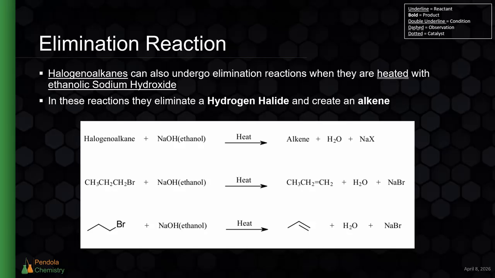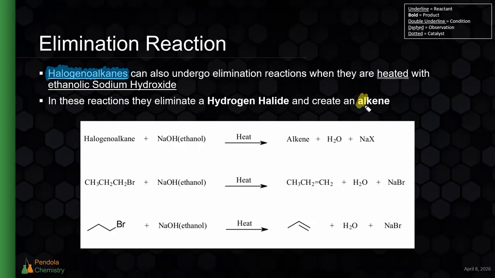Elimination reactions are reactions of halogenoalkanes, which, like I said, are a bit of the opposite of the addition reaction. During an elimination reaction, the halogenoalkane will undergo a reaction where the halogen is eliminated and an alkene is formed.